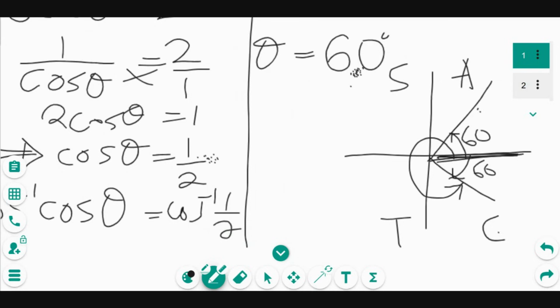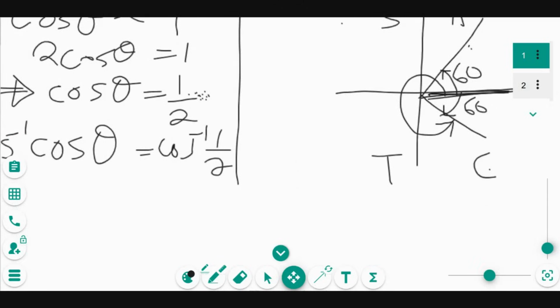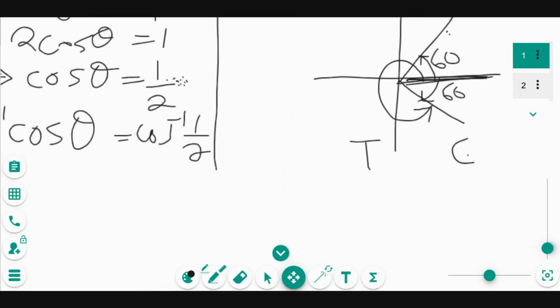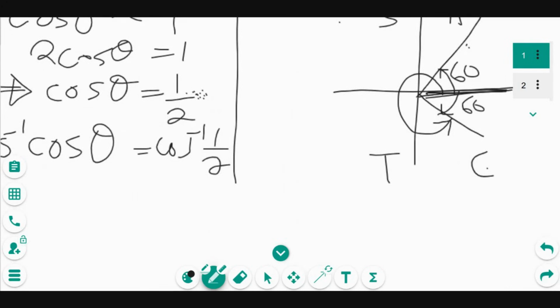But the second one, I had measured the 60 clockwise, so I'm going to measure now the anti-clockwise. My one value of theta is 60 degrees.